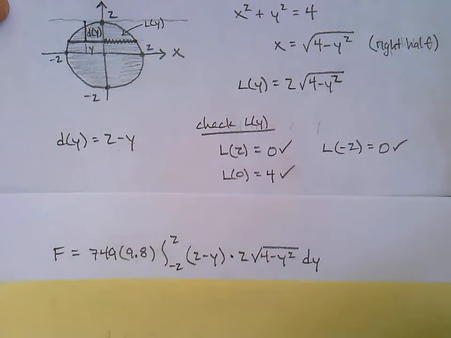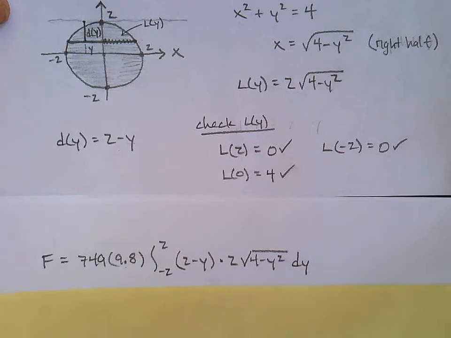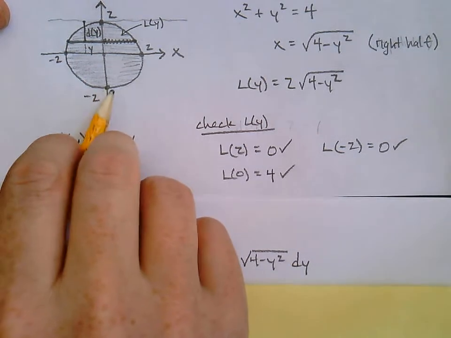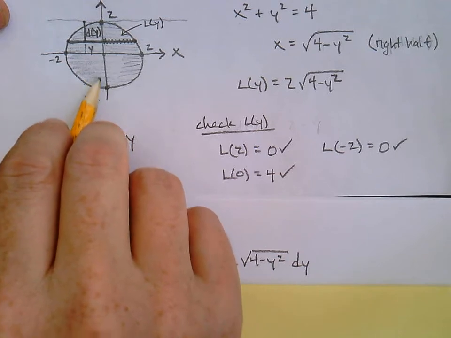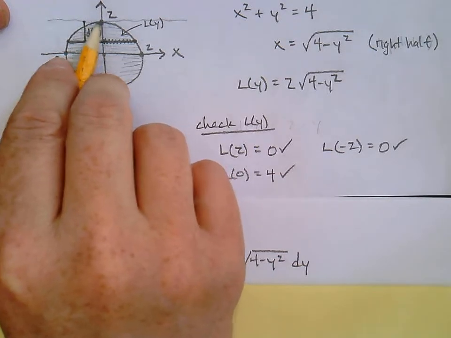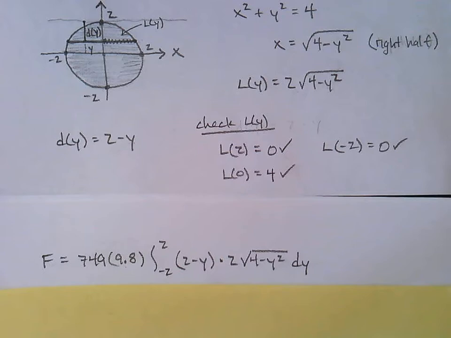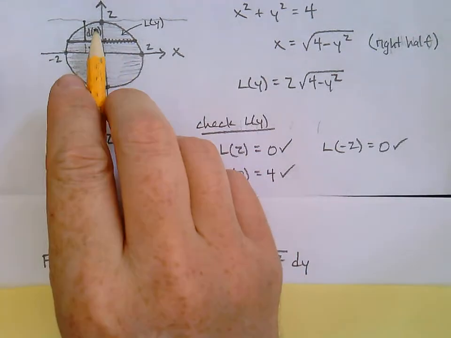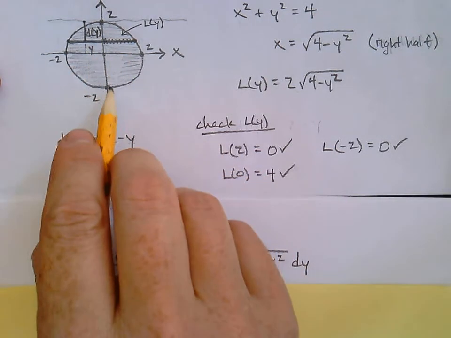Now it turns out that -2 to 2, it's almost like we're starting at the deepest and then ending at the shallowest, which seems to be backwards. Shouldn't we begin at the shallow and end with the deep?